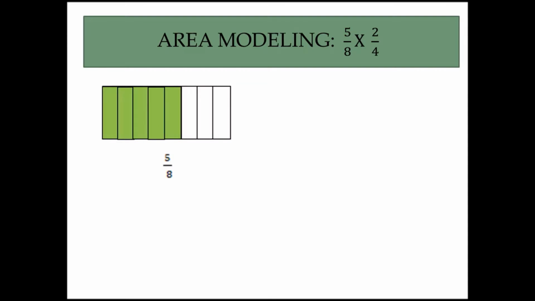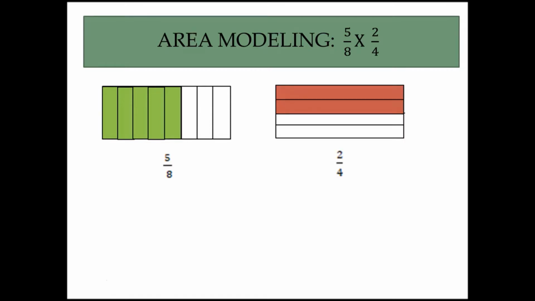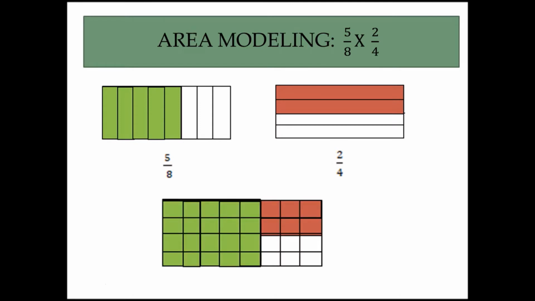So the area modeling is 5 over 8, so there are 5 parts that are shaded out of the 8 parts. 2 over 4, so 2 parts are shaded out of the 4 parts, and then we're going to overlay those parts. You can't see this red part all the way through, but it's right here. So where they overlap, all of this right here is overlapping, that's going to be your final answer.